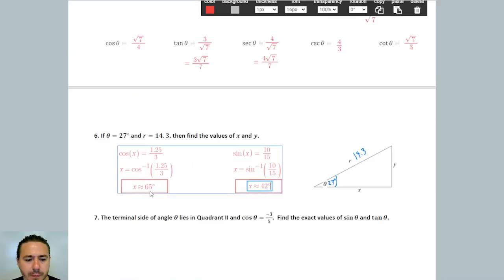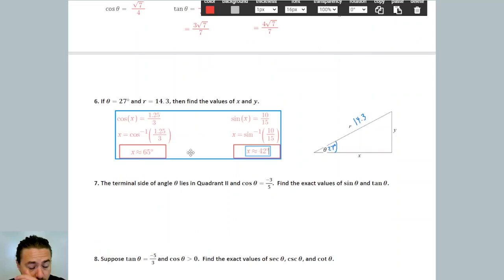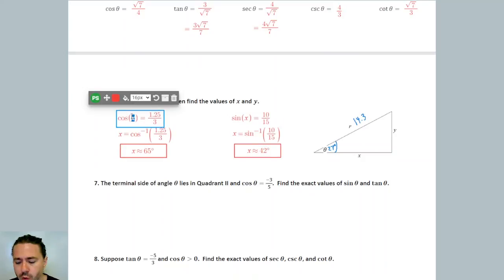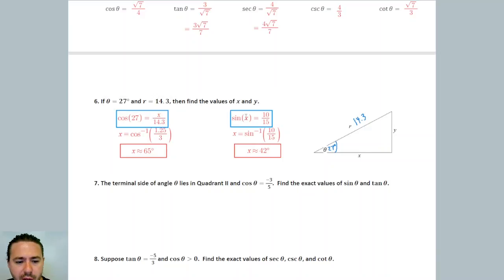There we go. Okay, so cosine of 27 degrees is going to be the adjacent over hypotenuse. So that would be x over 14.3. And then just while I'm setting this up, we also have sine of 27 degrees is equal to the opposite side over the hypotenuse. So notice how these are set up basically the same.